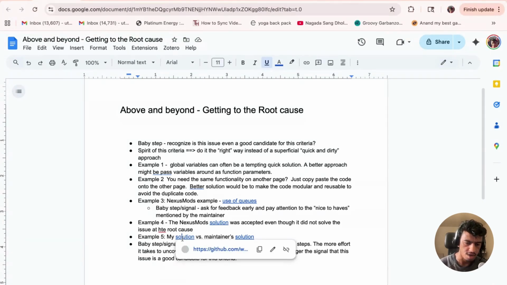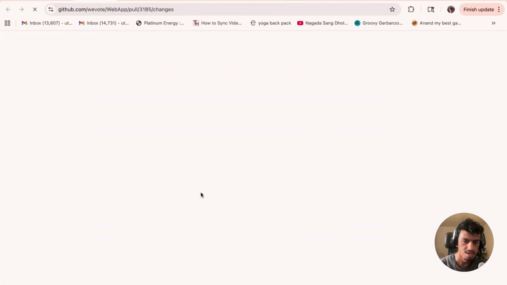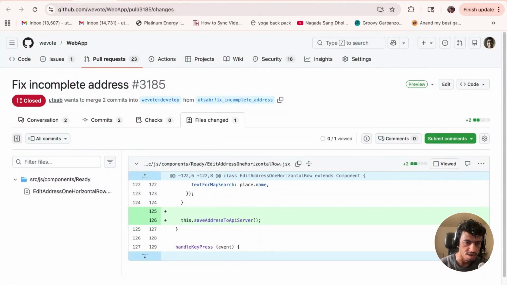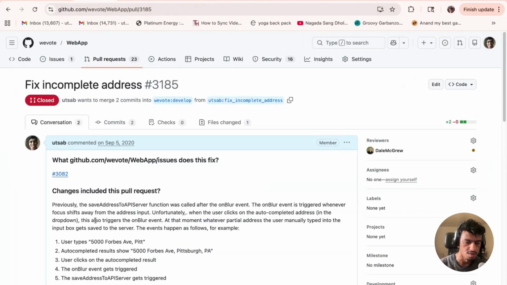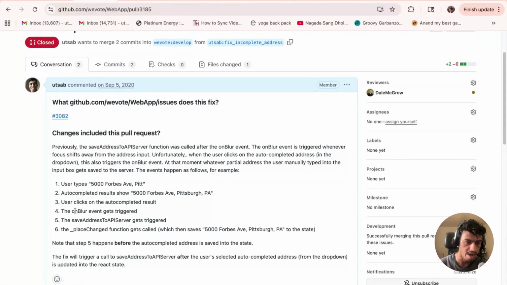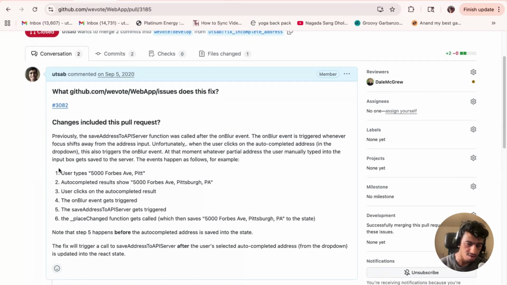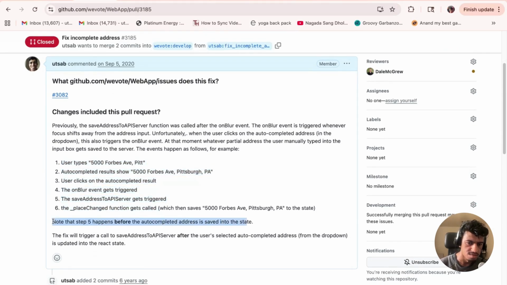So here it is. This is a contribution I made to the WeVote project. There was a bug, and I'm going to show you my root cause analysis. To my credit, my root cause analysis was good and correct, and it ultimately did help the maintainer come up with the right solution. I was able to distill the problem down into a series of steps, and I wrote down the root cause, like step 5 happened before step 3.